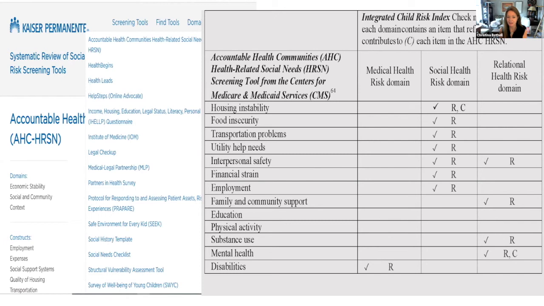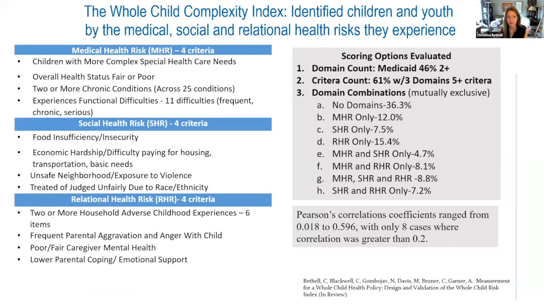And that has things to do with interpersonal safety in the home, adverse childhood experiences, mother's mental health, and so on. So when we looked at this, what we found looking at all of these risks was that about 46% of all children on Medicaid had risks in 2 or more of these domains, meaning they already had a developmental delay, a special healthcare need, or fair or poor health status, which is a very, very high bar, meaning those children are really not well.